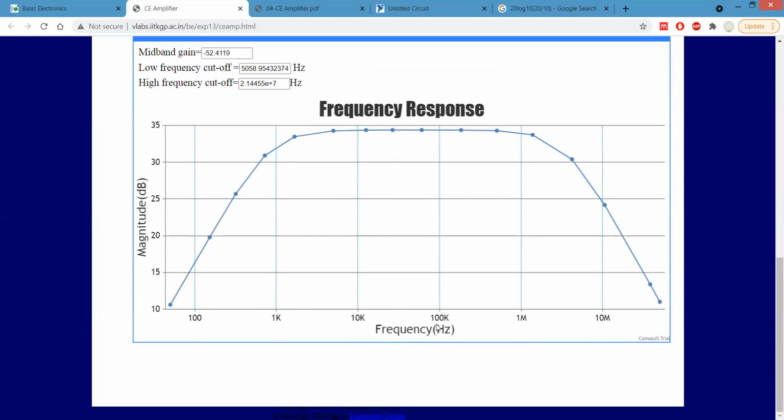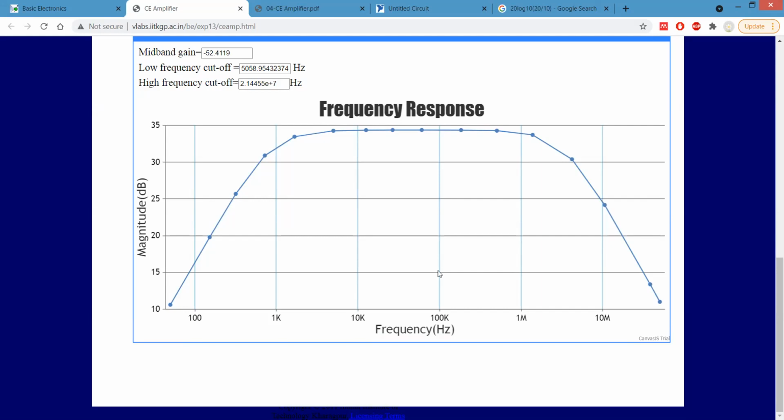Right now, I don't think we have semi-log graph paper. I think you are familiar with it. We used to plot this frequency response curve in semi-log graph paper, which is different from normal graph plotting.